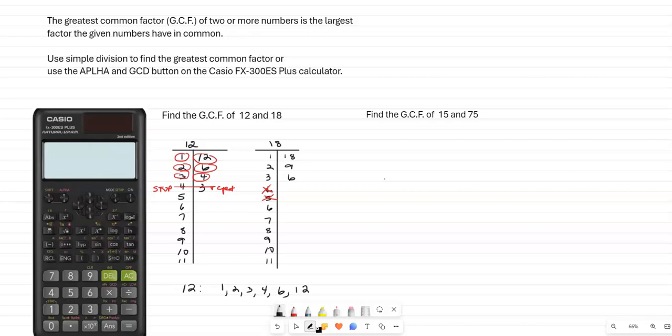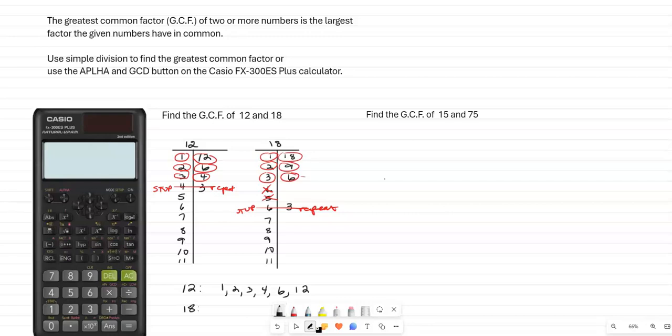And then we have 18 divided by 6, which is 3, and we've started to repeat our factors again. So that's when we stop and we include all of the factors above that line. So that's 1, 2, 3, 6, 9, and 18.